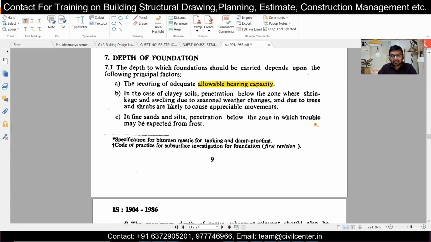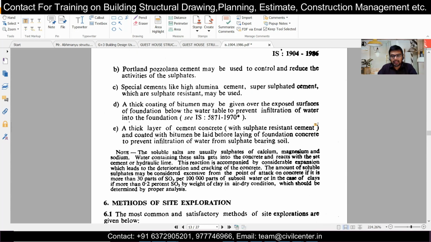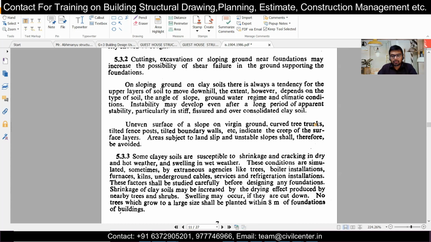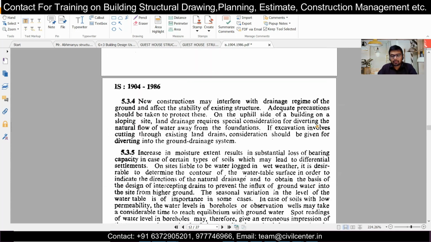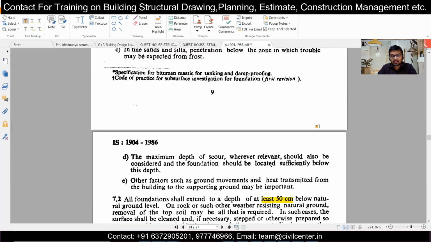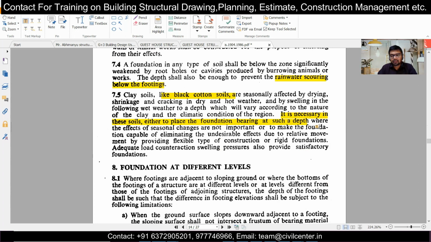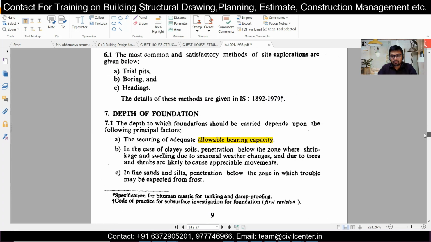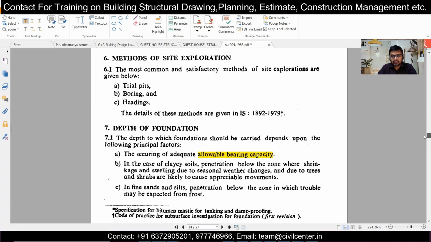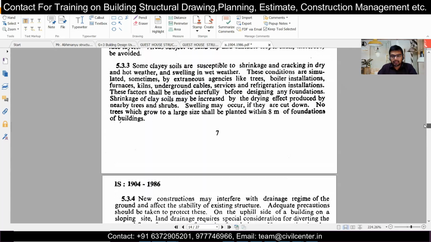But already in the code above, it is mentioned that shallow foundations are generally provided up to a depth of 3 meters, as you can see in the first line.